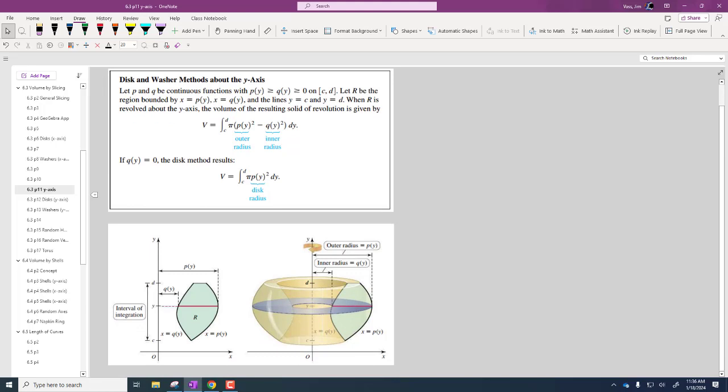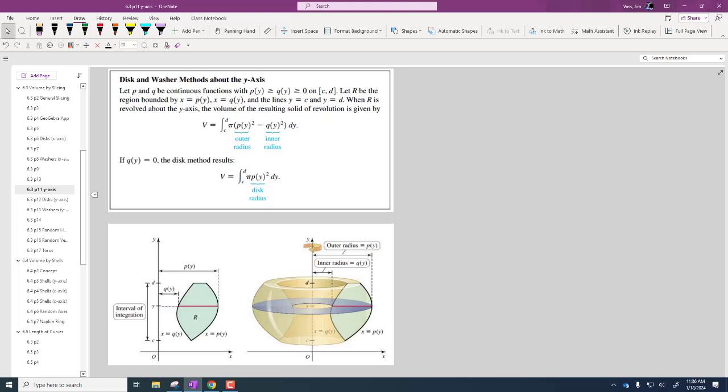Just like we were doing earlier, you can integrate with respect to x or with respect to y. So everything is just turned sideways. Instead of integrating with a vertical integration element, you're integrating with a horizontal integration element. And the right minus left still applies.